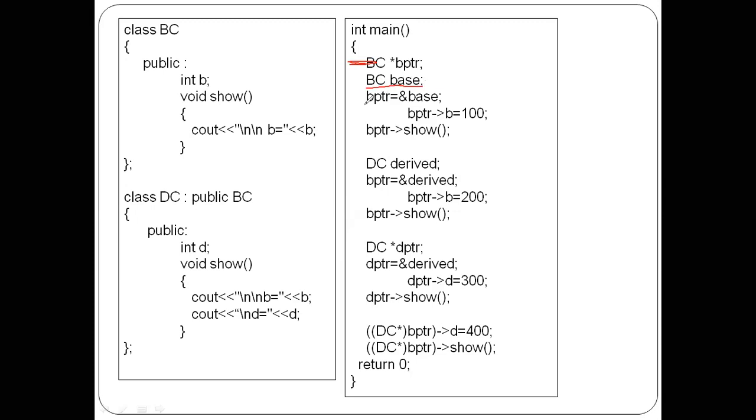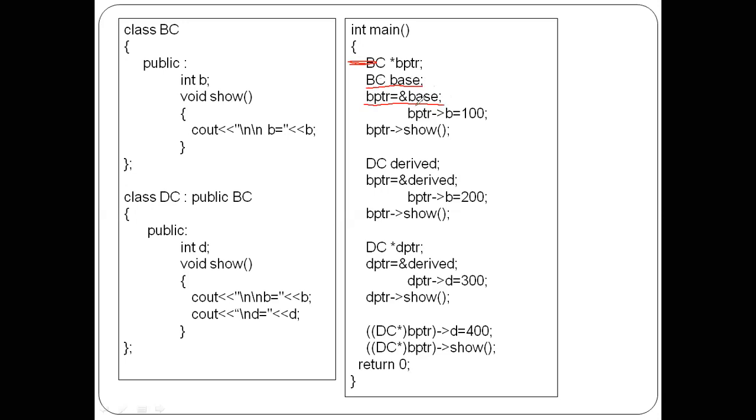Next one, what is meant by this line? It means pointer variable is equal to address of base. Yes, we are going to initialize that pointer variable with the help of the address of the base class. Is there any doubt regarding this? How are we going to initialize the pointer variable? We are going to initialize that pointer variable with the help of the address of any object.